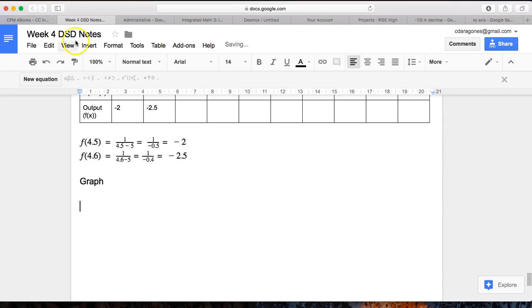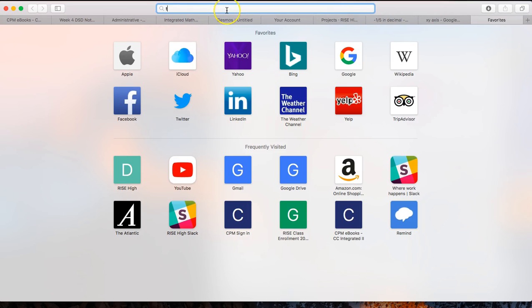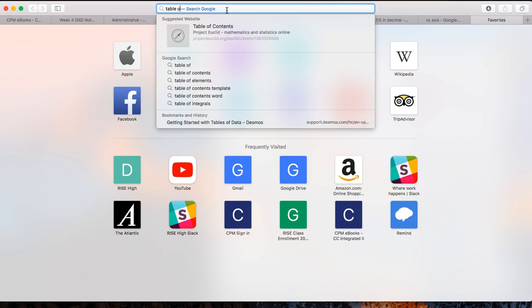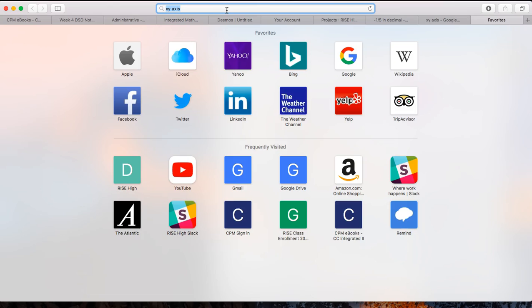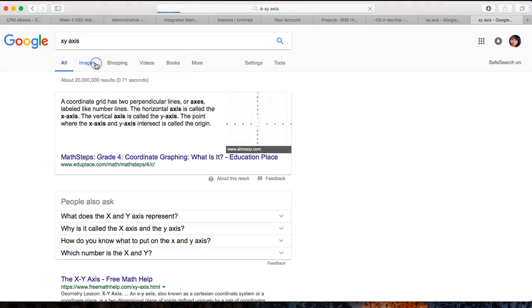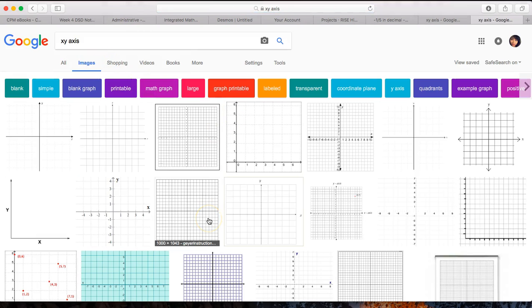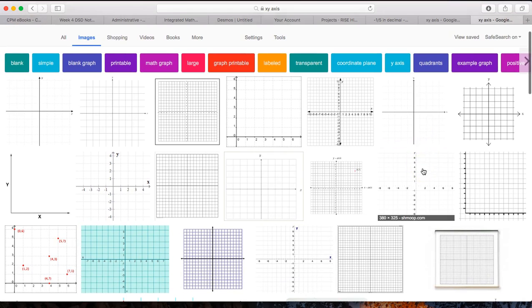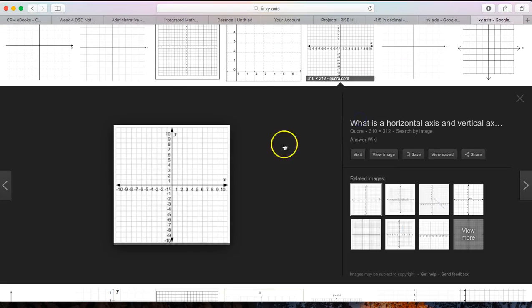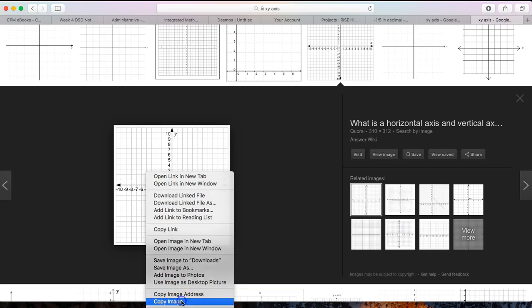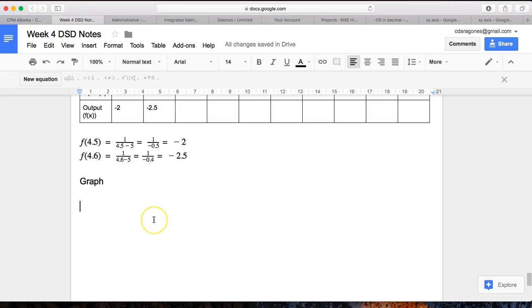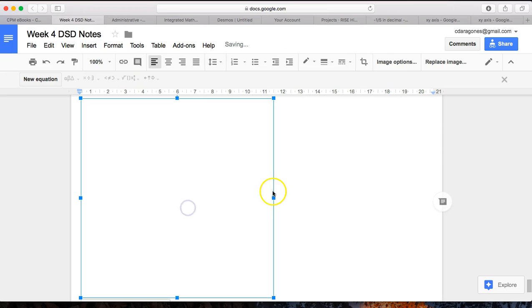Not a table of values, sorry, an XY axis. You already have graphing notebook paper, you just need to label your axes and label your scale.